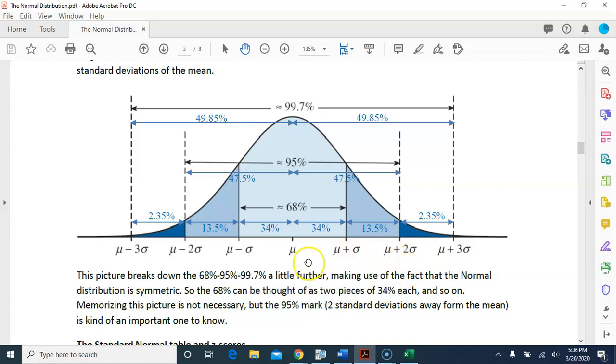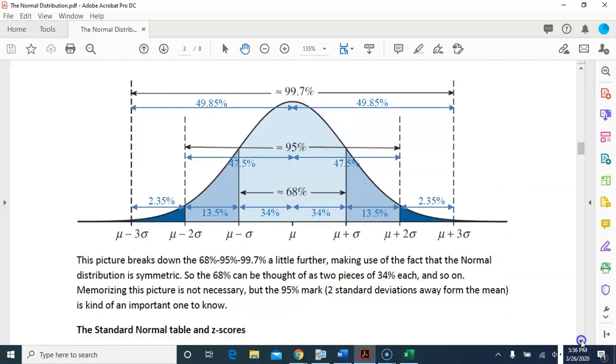So some classes where they don't make extensive use of technology, they have students memorize this diagram, but that's not really necessary. The biggest thing that you need to know from this diagram is that 95% of the data is within 2 standard deviations.